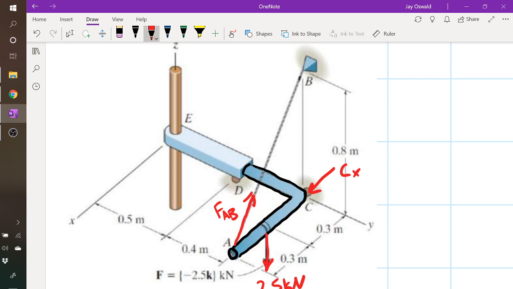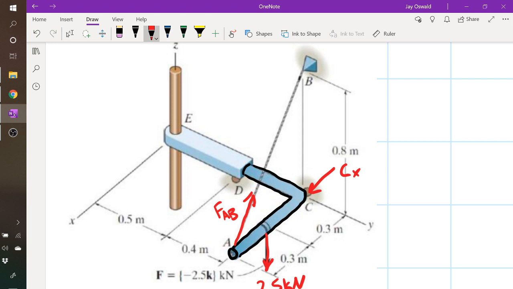And then what about at D? Cross bearing, because it's got X, Y, well, for member ED. So that roller is on member ED, but we're not drawing member ED. So this is like a pipe going into a smooth hole, right? And now that I think about this, it wasn't quite clear whether that pipe bottomed out in that hole or not. So it turns out it's not going to matter.